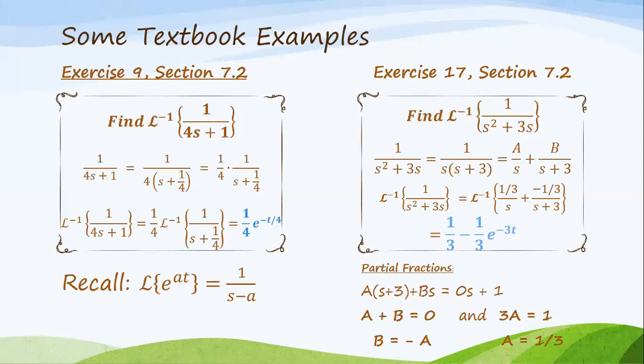That is simply a multiple of 1 over s plus 3, and 1 over s plus 3 is the Laplace transform of e to the minus 3t. So the inverse transform of negative 1/3 over s plus 3 is negative 1/3 times e to the minus 3t. And there we have our solution. The inverse transform of our expression is 1/3 minus 1/3 times e to the minus 3t.